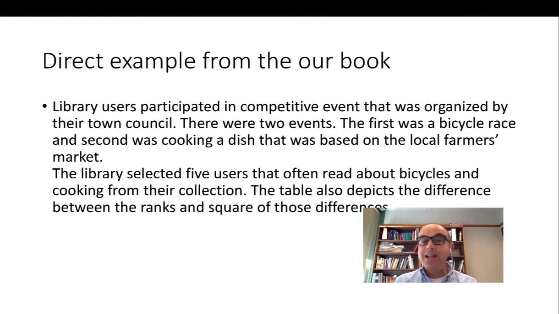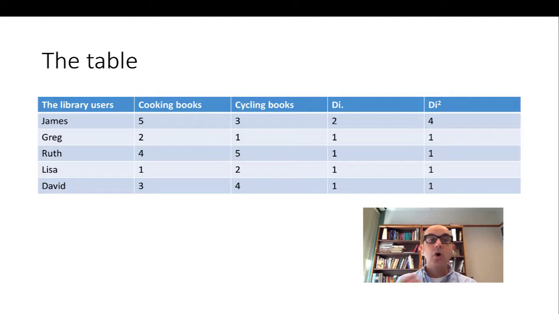The library selected 5 users, who often read about bicycling and cooking from their collection. So we have 5 people with the types of books they read, cooking books and cycling books, and we have the d, the di, and the di squared.